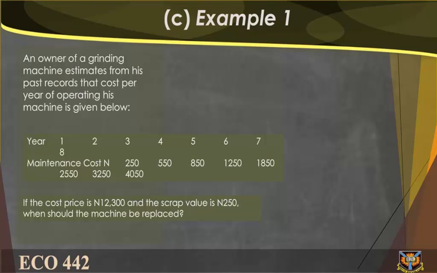Maintenance cost: 250 naira, 550 naira, 850 naira, 1250 naira, 1850 naira, 2550 naira, 3250 naira, 4050 naira. If the cost price is 12,300 naira and the scrap value is 250 naira, when should the machine be replaced?